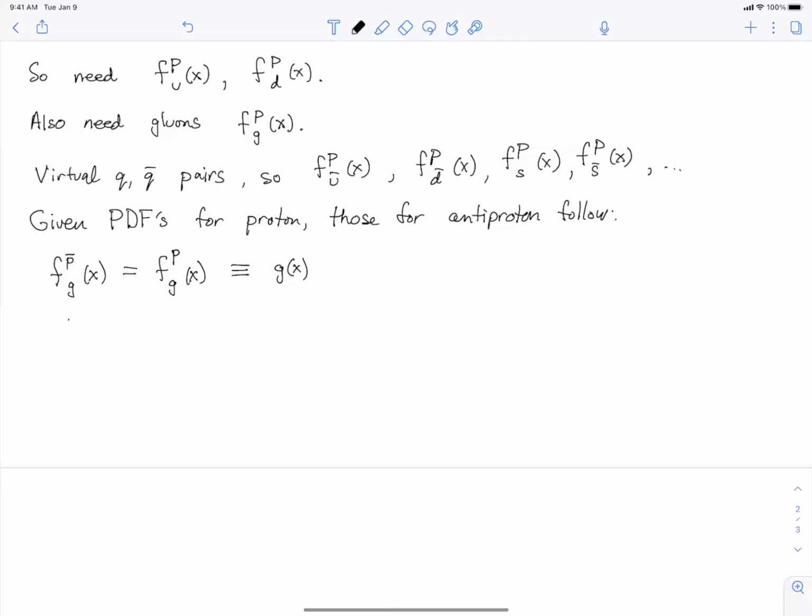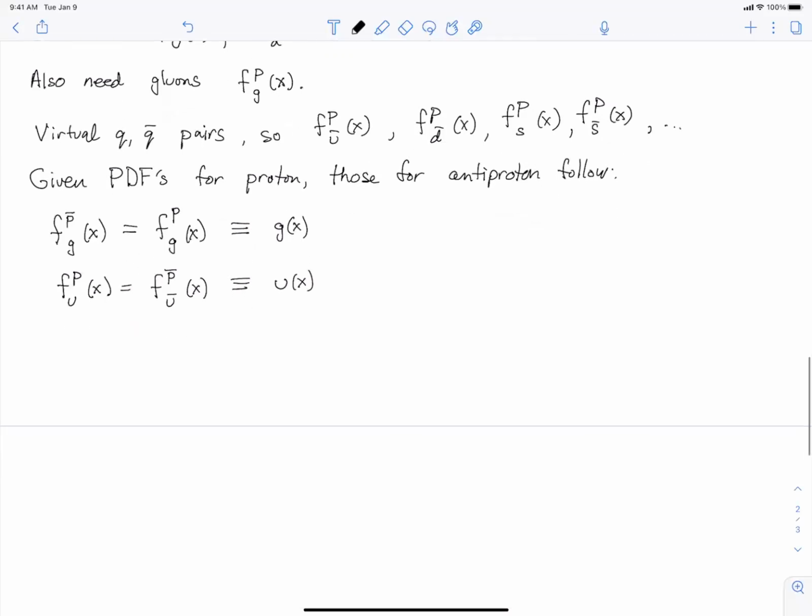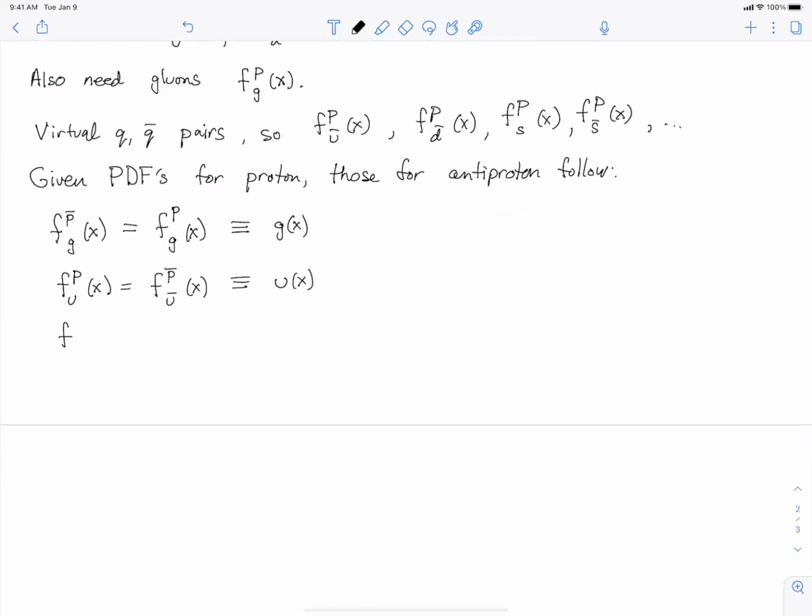And then the parton distribution function in the proton for an up quark is the same thing as the parton distribution function in the antiproton for an anti-up. And so that's just traditionally called U of x. So if you see U of x, that's the parton distribution function to find an up quark within the proton. And similarly for downs. Okay, so this is a true statement.